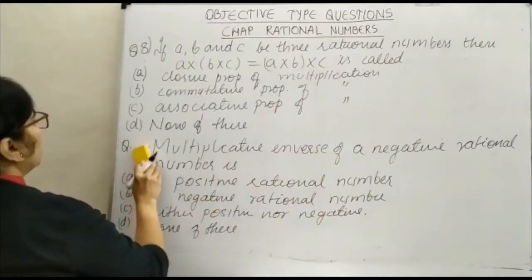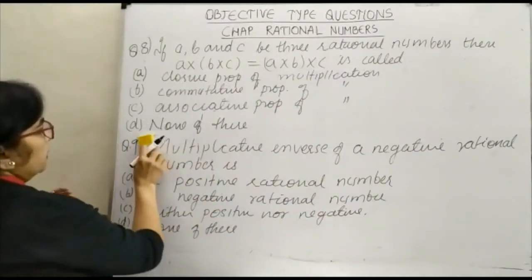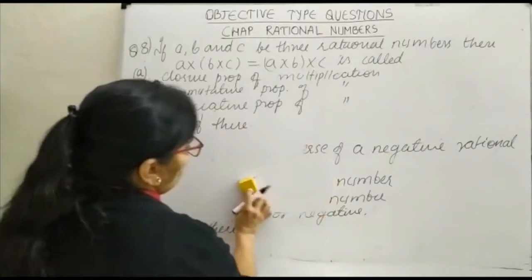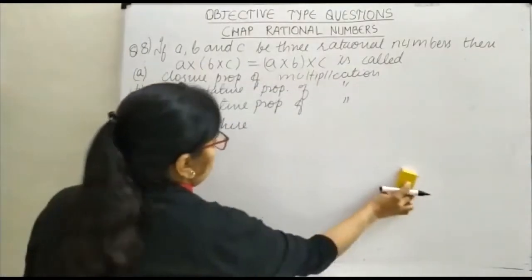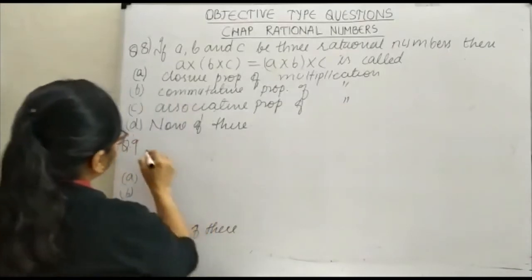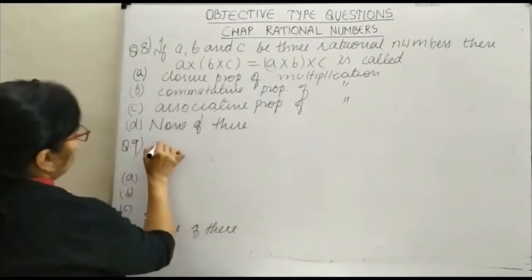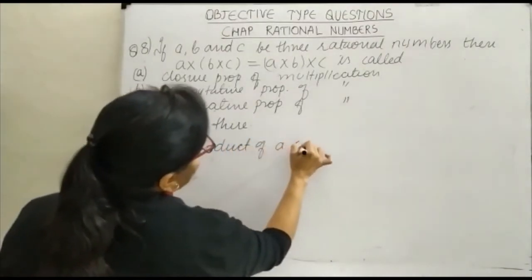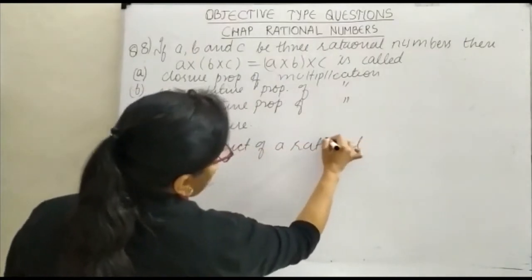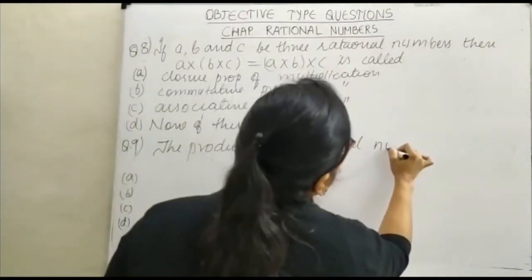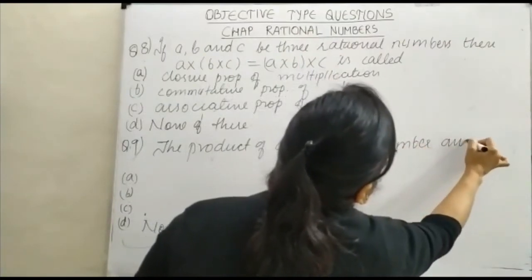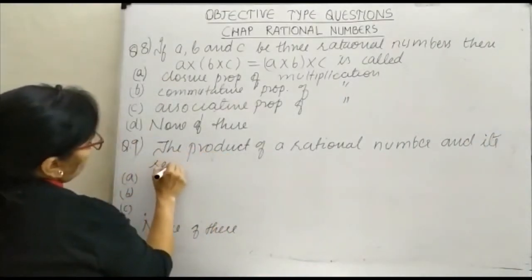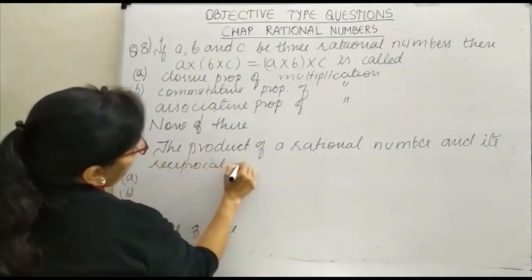Moving on to question number 9. Your question number 9 says: the product of a rational number and its reciprocal is.